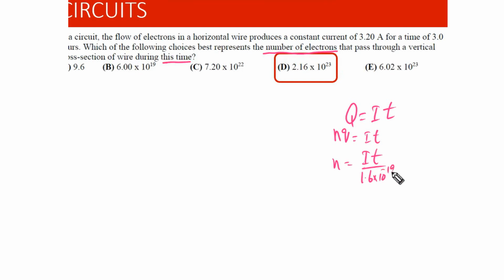I is given, T is given, and q is the charge on a single electron, so just plug in the numbers and you will get your answer. The answer in this case is D. You just need to write the total charge as the charge on a single electron multiplied by the number of electrons. This is how you can work it out.